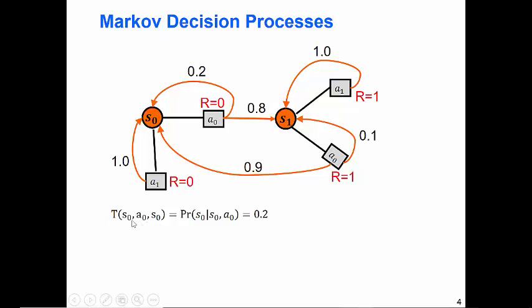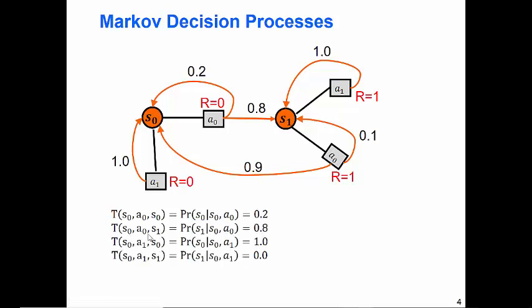This is the probability that if you're in S and you take A, you end up in S'. And you can see that it's 0.2 from this diagram up here. So this is the conditional probability way of writing it. Often we just use this transition function notation.